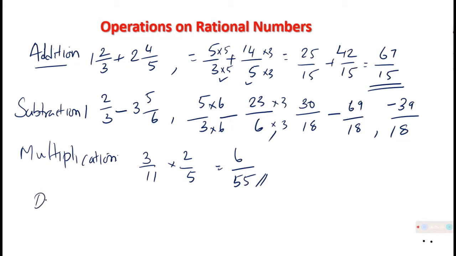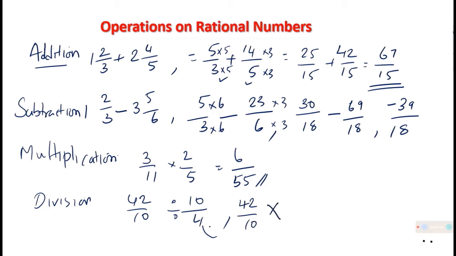If it is division, if the question is 42 upon 10 divided by 10 upon 4, you will take the multiplicative inverse of this. For example, 42 upon 10 multiplied by, the multiplicative inverse means 4 upon 10 of this, and you will be solving it accordingly.